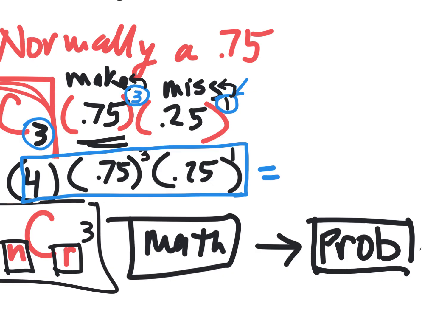Four times 0.75 to the third times 0.25 to the 1. Now, if you're really smart about this, you don't even put a times in here because you know 2 parentheses right next to each other, the calculator's going to do times anyways. And if you're really smart, you're not even going to put it to the 1 because you know putting it to the 1 doesn't really do anything, right? So save yourself the time of that. But if you type exactly what's here, it'll work.